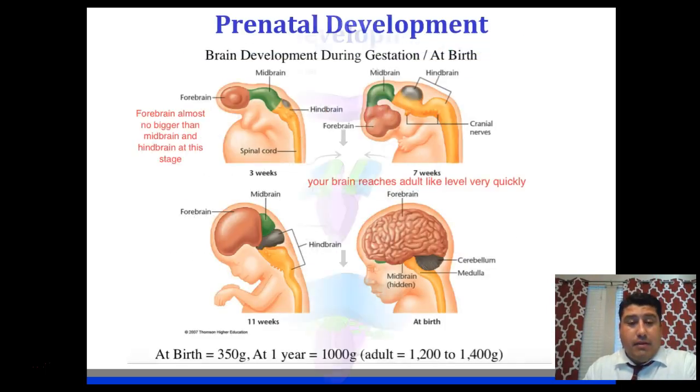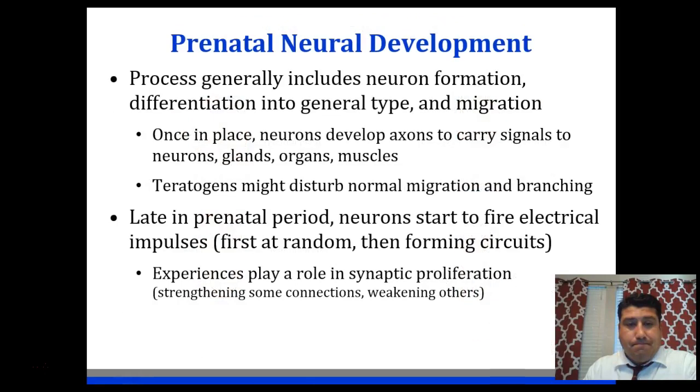Well, there is something I want to talk about. This bottom line here says late in prenatal period, neurons start to fire electrical impulses, first at random, then forming circuits. So in the next chapter, chapter 6, we'll start talking about movement.